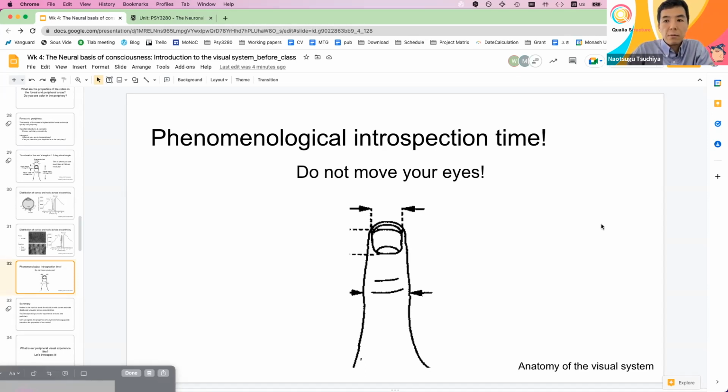Can you do that? So extend your arms like this, and then move your chair or desk, or display, so that it is roughly matching in this size. All right, then. I hope that everybody is ready.